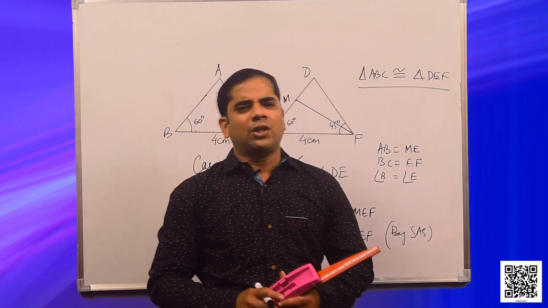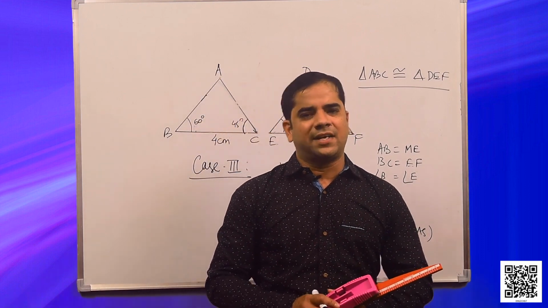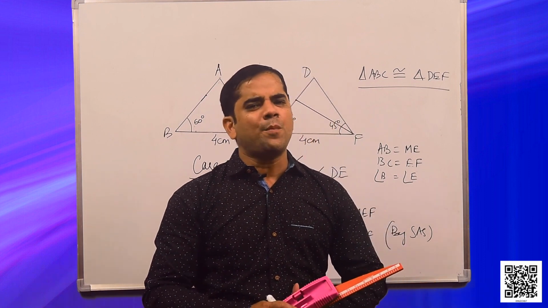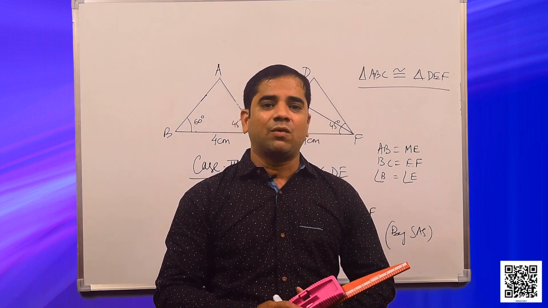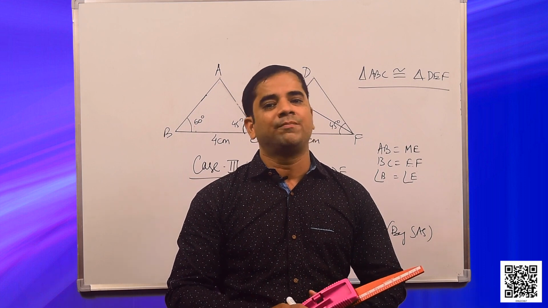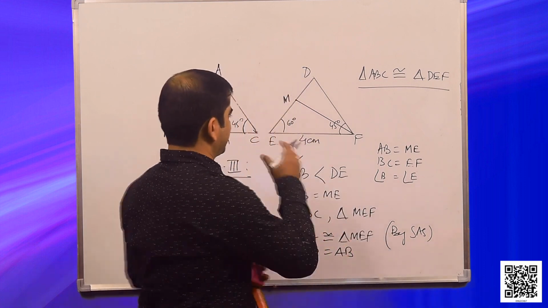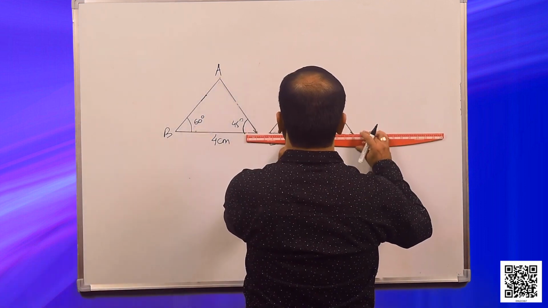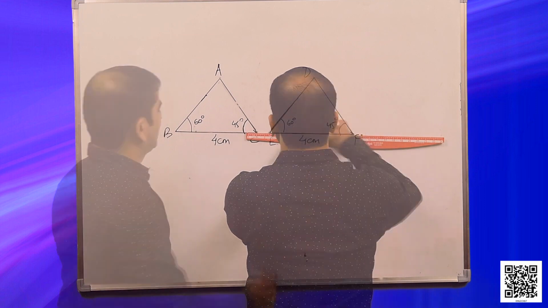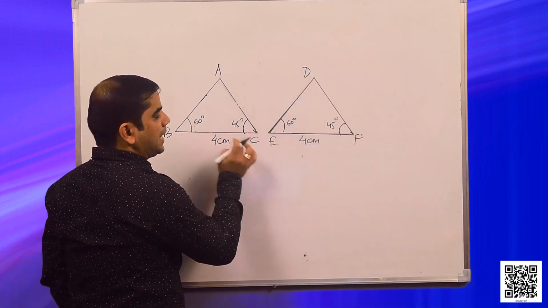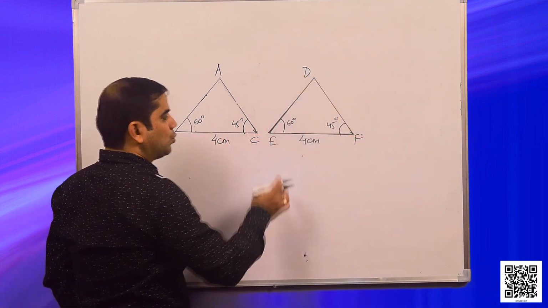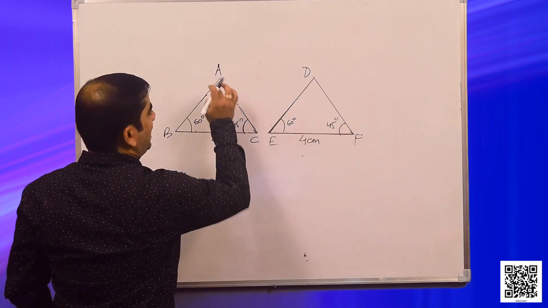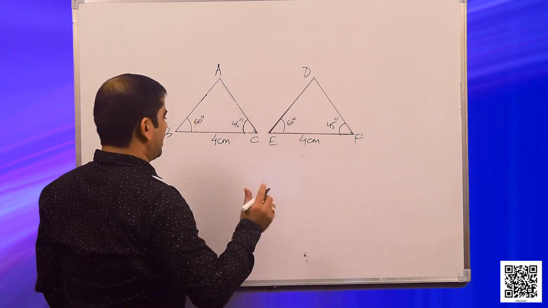Fine. You know that the sum of the three angles of a triangle is 180 degree. So, if two pairs of angles are equal, the third pair is also equal, isn't it? In this case, what we have found, angle B and angle C are equal to angle E and angle F respectively. So, angle A and angle D, what happens to them?